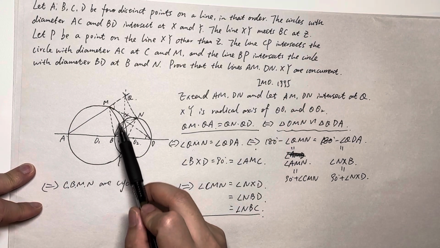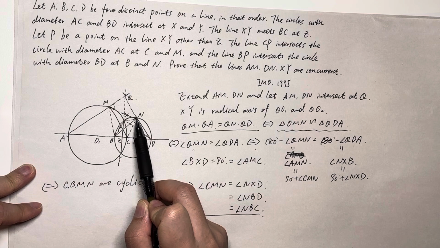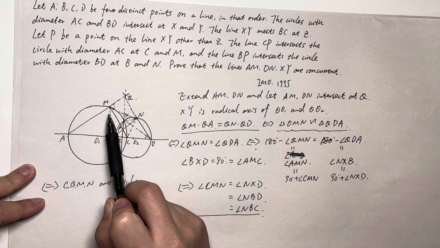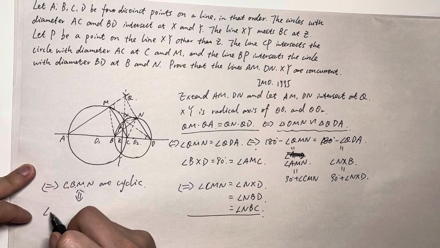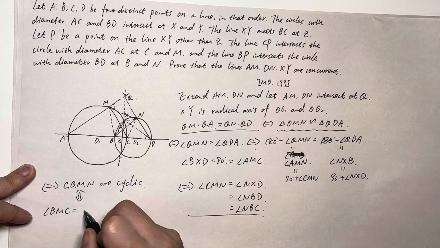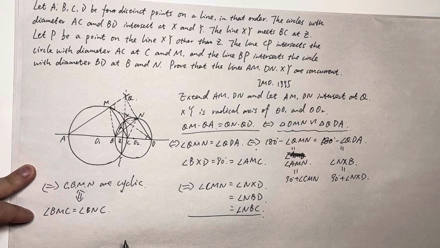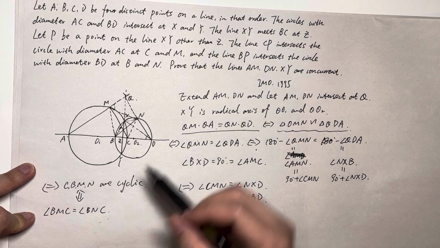To prove CBMN is cyclic, we just need to prove that angle BMC equals angle BNC, right? How to prove it? It would be very simple then, right?